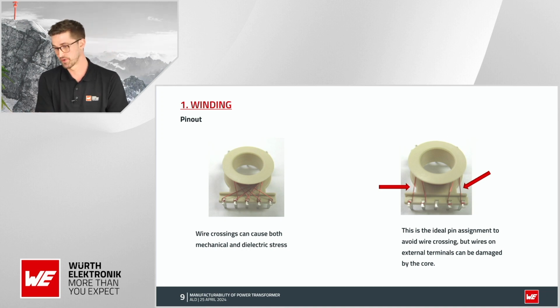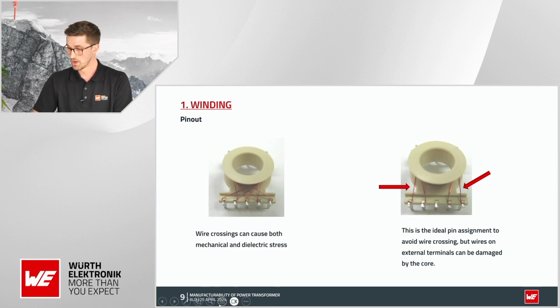The pinout represents the way we terminate the different windings on the bobbin pins. One important factor to consider, which is often neglected, is the internal wire routing. In the left picture, we can see some wire crossing near the terminations, and that can potentially cause mechanical stress and wire damage.